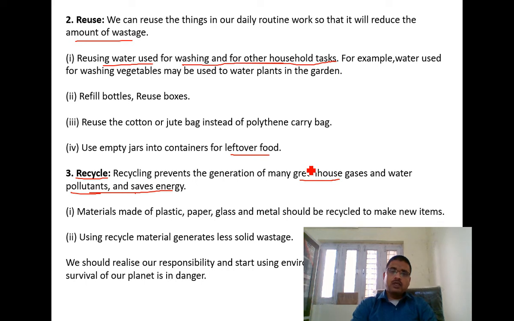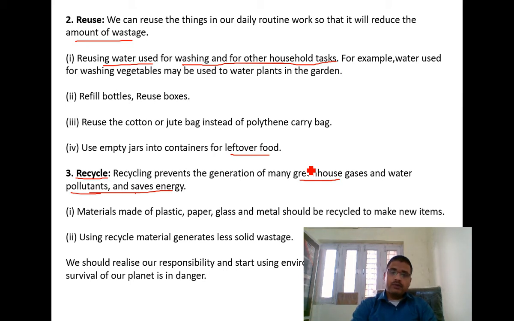So we should prevent gases like carbon dioxide, carbon monoxide, sulfur dioxide, nitrogen dioxide. These are harmful to the environment, so we have to recycle these kinds of things.